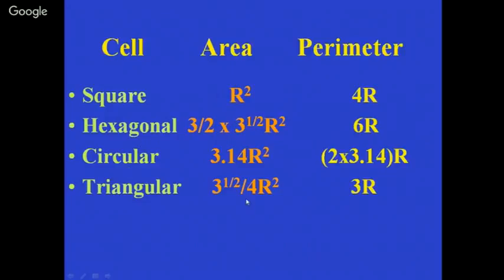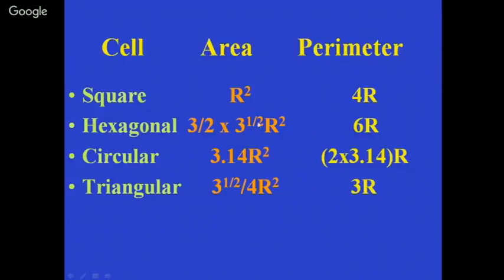Area, 6 times the triangle. Under root 3 by 4 R square was the area of a triangle. If you multiply by 6, it becomes the area of the hexagon, and that is 3 by 2 under root 3 R square, and perimeter is 6R. In case of circle, it is pi R square or 3.14 R square, and this is 2 pi R. Now see, the perimeter of the circle is more compared to the hexagonal.